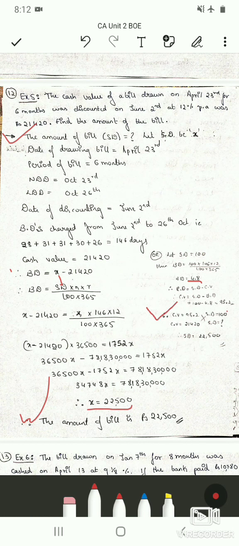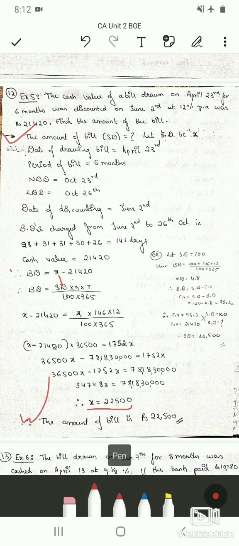Now we can use the rule of 3 and we can find sum due. So when sum due is 100 rupees, what is cash value? It is 95.2. Then when cash value is 21,420, what will be the sum due? Cross multiply. Again you will get sum due as 22,500 rupees.